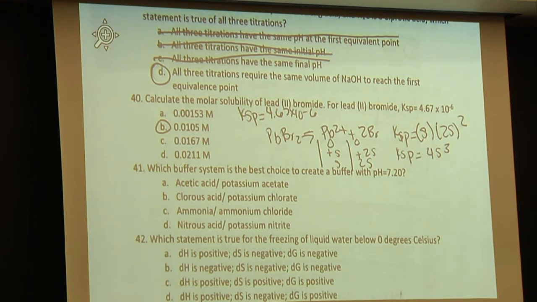All right, for number 41, which buffer system is the best choice to create a buffer with pH 7.2?